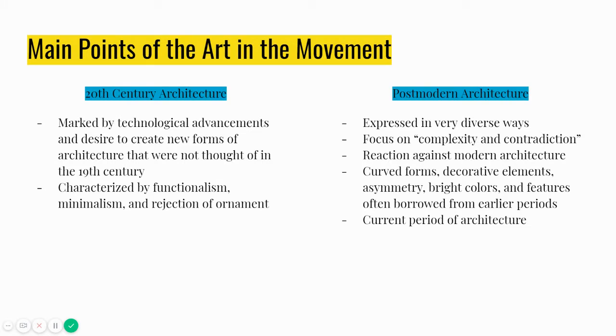minimalism, and just a rejection of ornamentation and decoration. Where postmodern is kind of the opposite. They really want that complexity, that contradiction. They kind of relish in ornamentation, in decorative elements, in not so much just straight, clean lines, but more lines that have curvature to them.